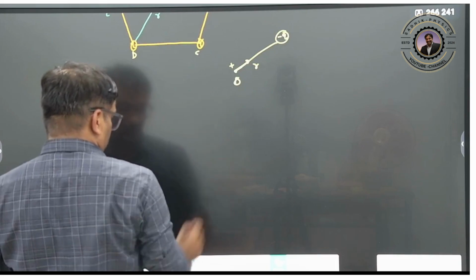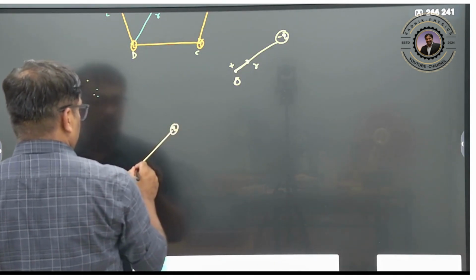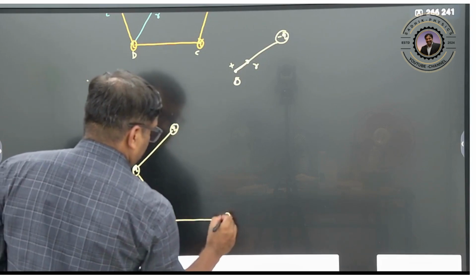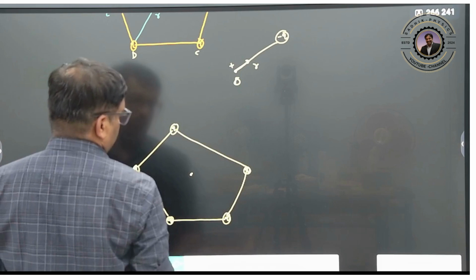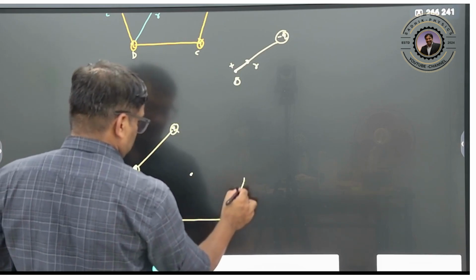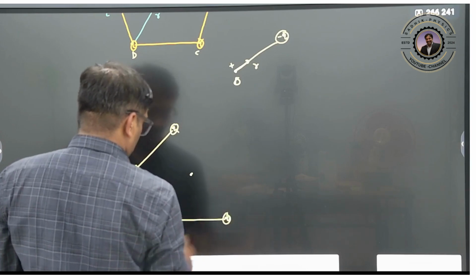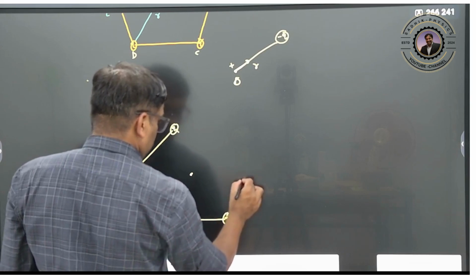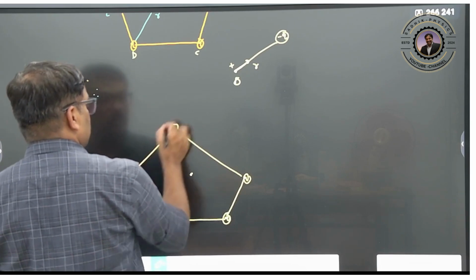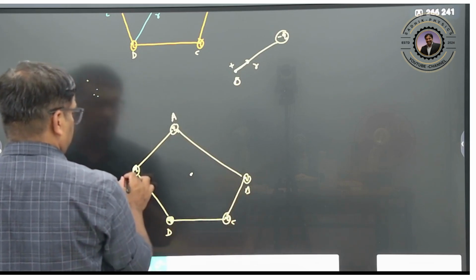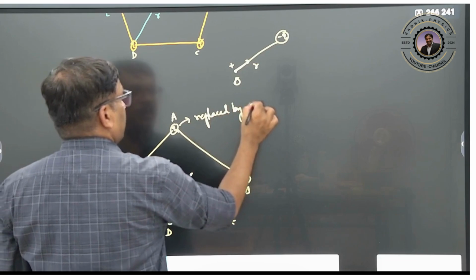Now there is a regular hexagon, with a charge at each corner, A, B, C, D, E. Assume that this charge was replaced by a negative charge.